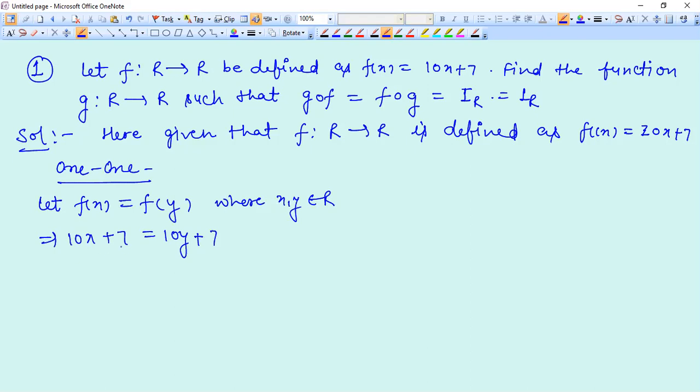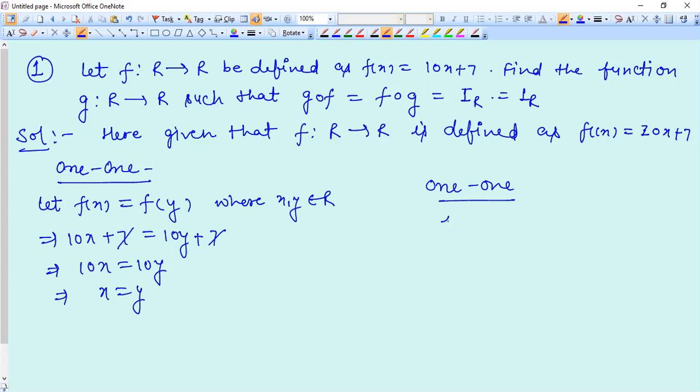Now on both sides 7 will be cancelled. Now 10x is equal to 10y. Now we divide by 10 on both sides, so we get x is equal to y, which is the condition for one-one.